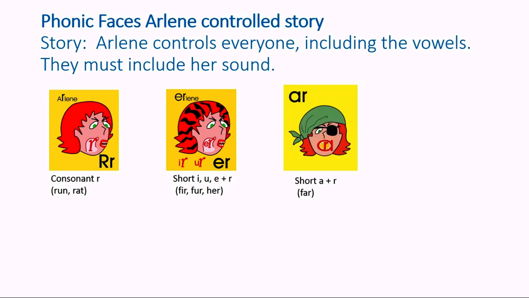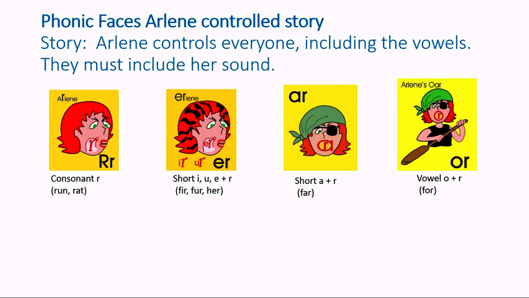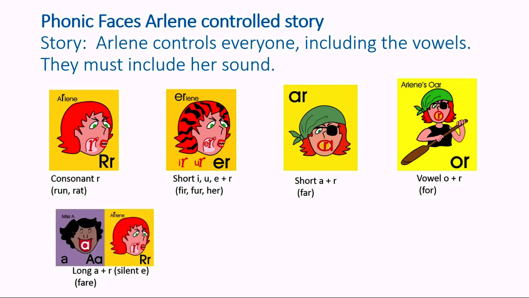And then Arlene can wear her pirate costume, R, in AR words, or she can use her OR in OR words. When you have Arlene in a structure like silent E, so if we had AR silent E in a word like bear, B-A-R-E, then you have to apply that silent E and come up with the long vowel sound. Bear. So when there are phonic rules, the phonic rule applies first. The silent E gets applied to bring in the grown-up.